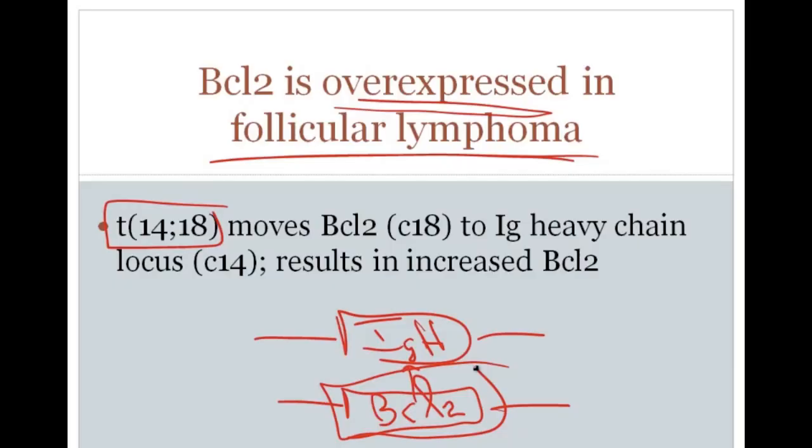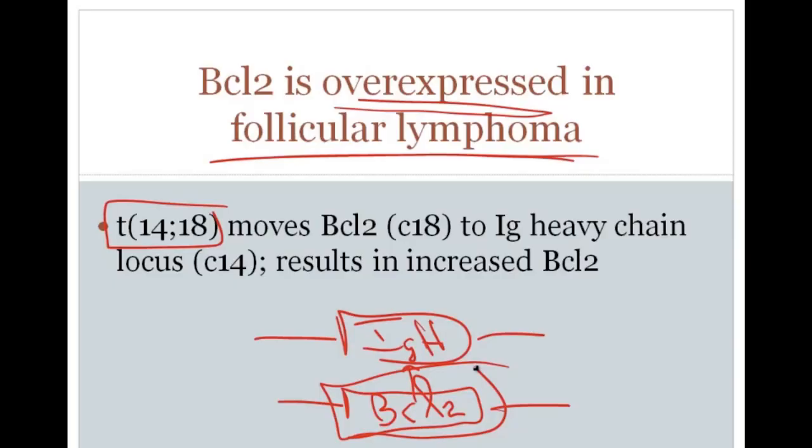When B cells are born in the bone marrow, they're born as naive B cells, and then they go to college. And where do they go to college? They go to college in the lymph node. And in the lymph node, the test in college is somatic hypermutation. Are you able to produce a newly mutated immunoglobulin that might be able to react against antigen? And if you're not able to do that, then you have to fail.